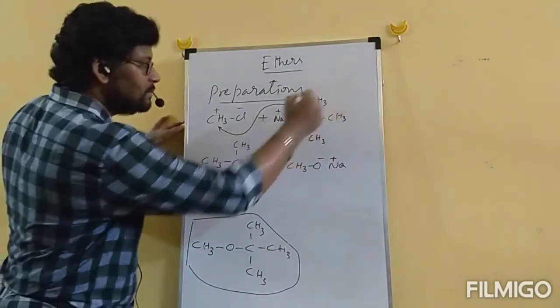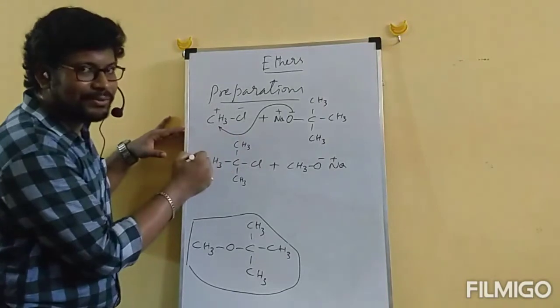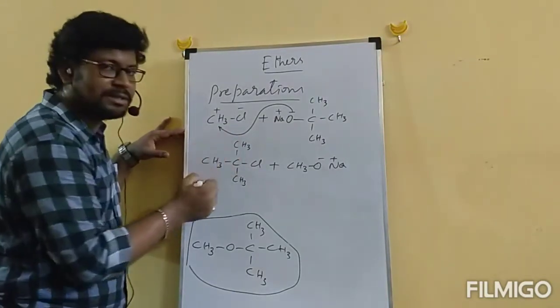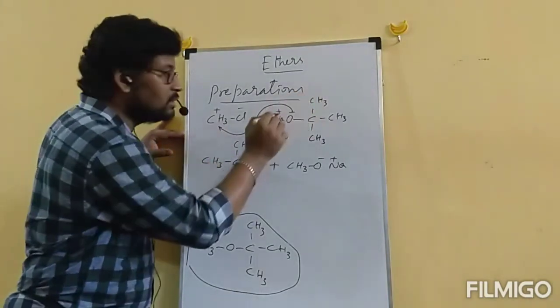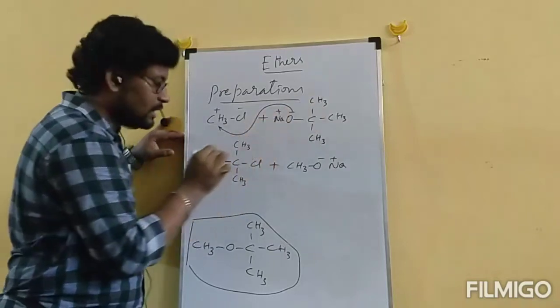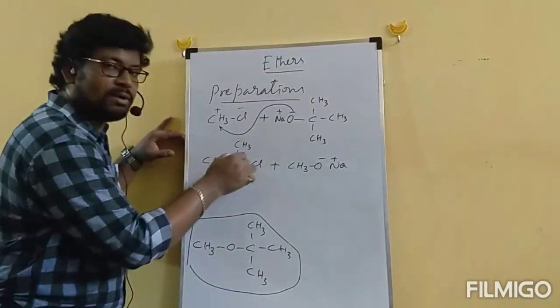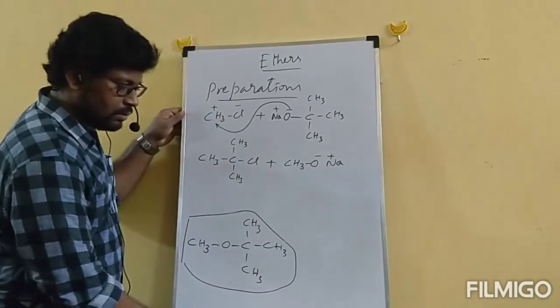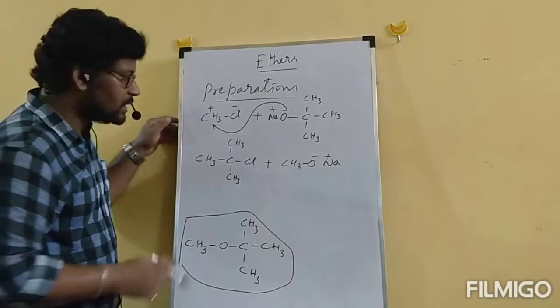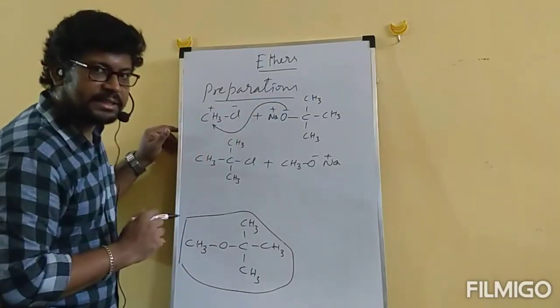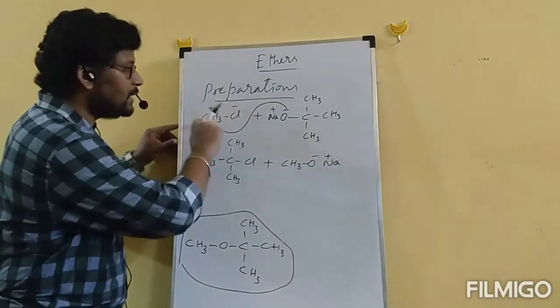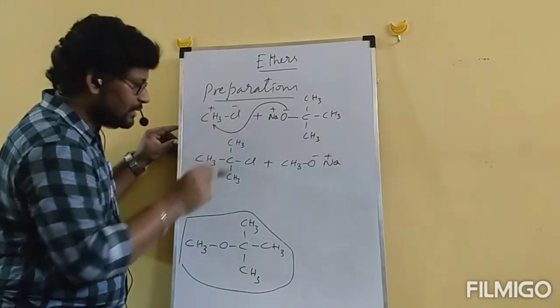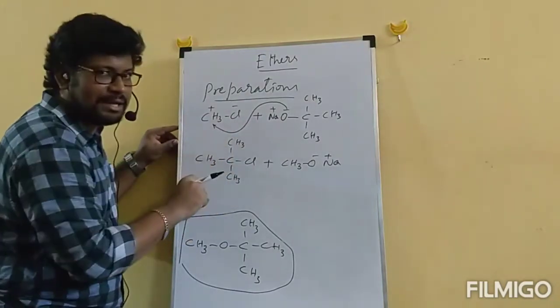This alkyl halide, tertiary butyl chloride, and here sodium methoxide. Find the difference, please. Here we have taken a primary alkyl halide. Here we have taken a tertiary alkyl halide.